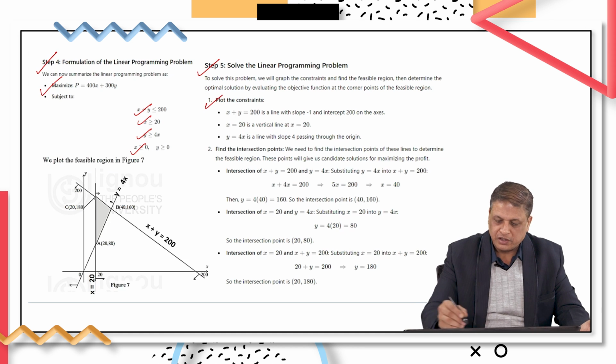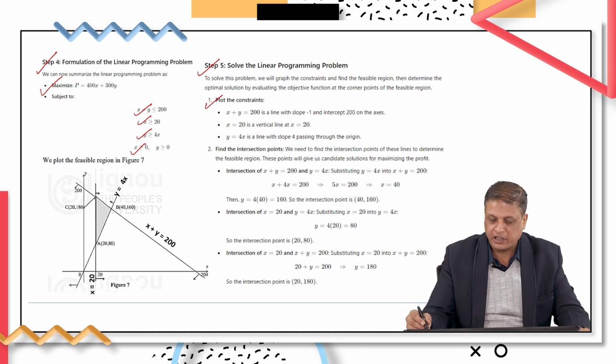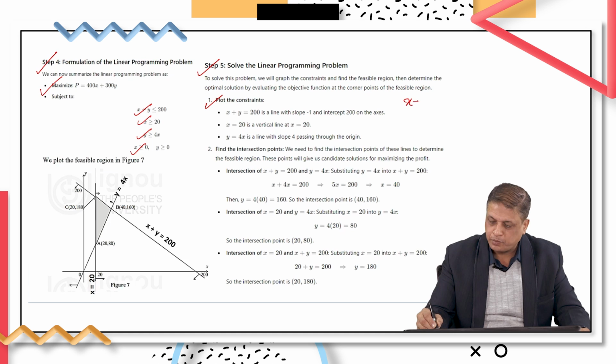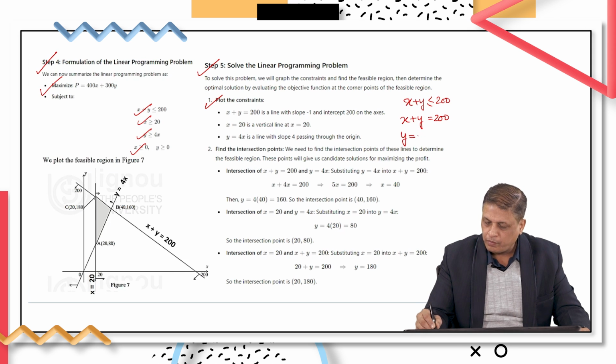So, plot the constraints. The first constraint was x plus y less than or equal to 200. So, we need to solve the equation x plus y is equal to 200. That means y is equal to minus x plus 200.